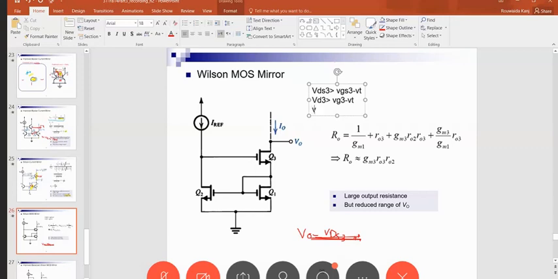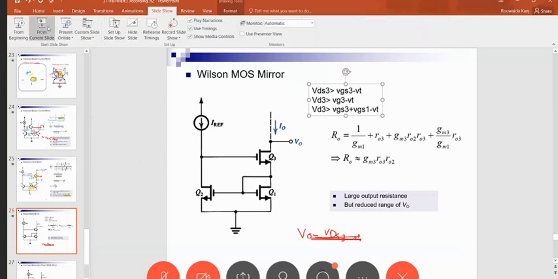So we want VD3 to be greater than VGS3 plus VGS1, okay? And we know each one of these, minus VT, satisfies the VOV plus VT from the previous slide. So we get again 2 VOV, okay?